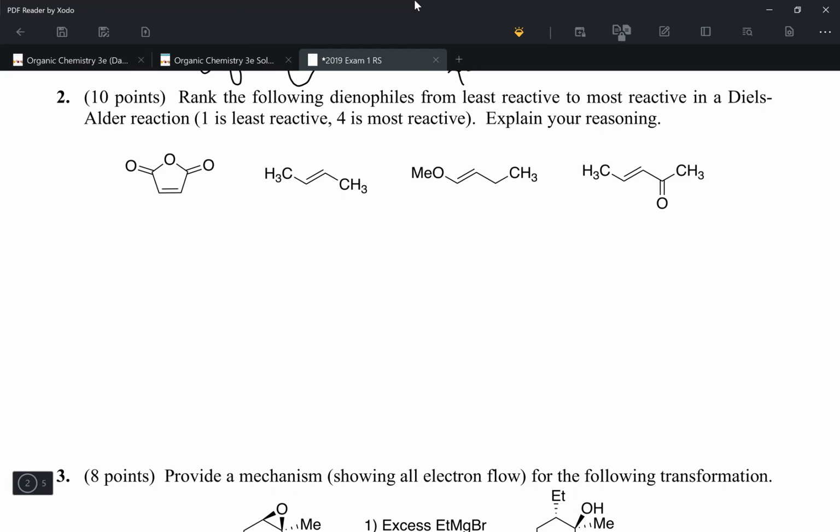My confusion is with the whole MeO and the CH3. I guess because that one's farther, is that one for the third molecule? Or do you want to explain it first before I say anything? Well, I'll explain that part as I go over it. So dienophiles, right?